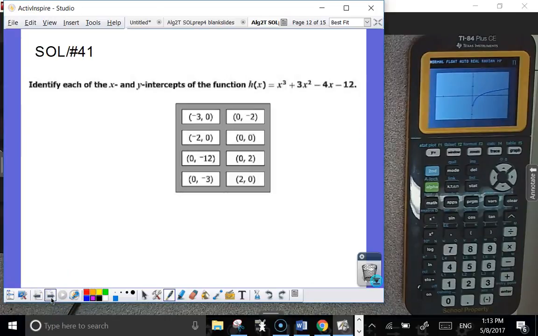Okay, identify all the x and y intercepts of this function, number 41. So the easiest should be the y-intercept. What is the y-intercept?